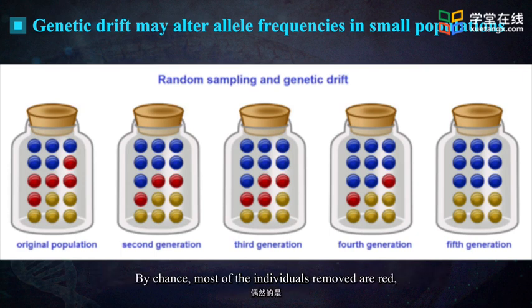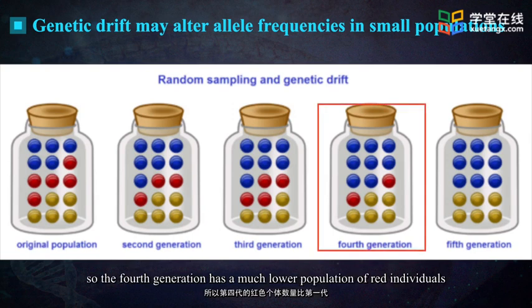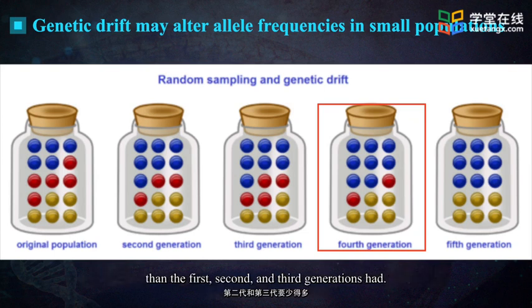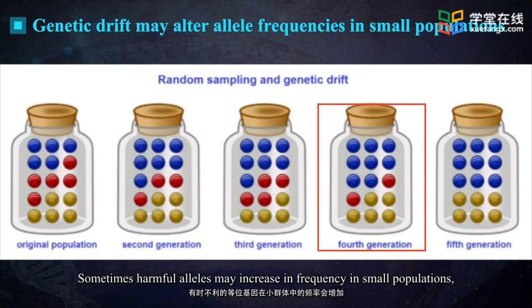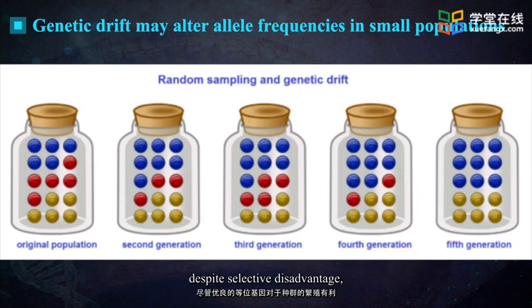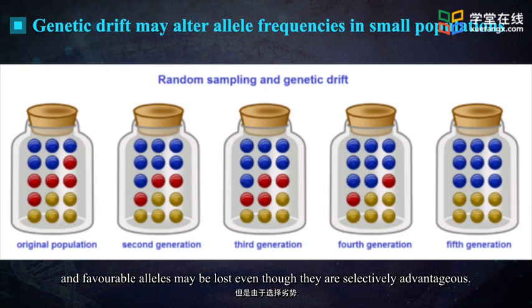By chance, most of the individuals removed are red, so the 4th generation has a much lower population of red individuals than the 1st, 2nd, and 3rd generations had. Sometimes harmful alleles may increase in frequency in small populations, despite selective disadvantage, and favorable alleles may be lost, even though they are selectively advantageous.